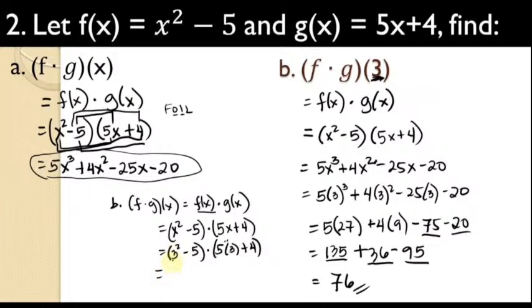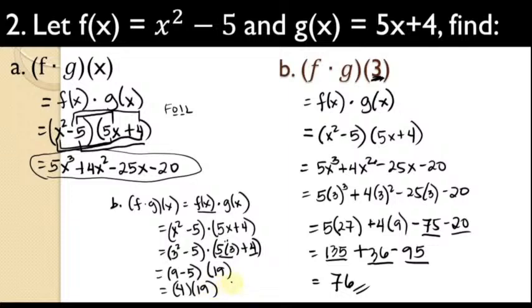So we have 9 minus 5 times ito 15 plus 4, that is 19. Then this one, 9 minus 5, so we have 4 times 19.